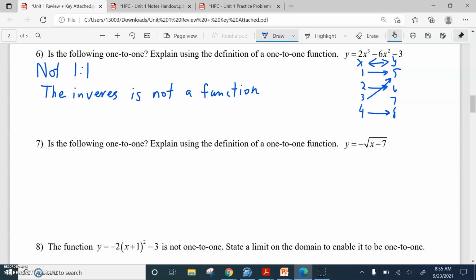That's a function, but the inverse is not. The inverse would be flipped around, where we now see that 5 would be our input with multiple outputs. So the inverse is not a function. The other way you can say that, just to solidify this, is that it does not pass the horizontal line test.